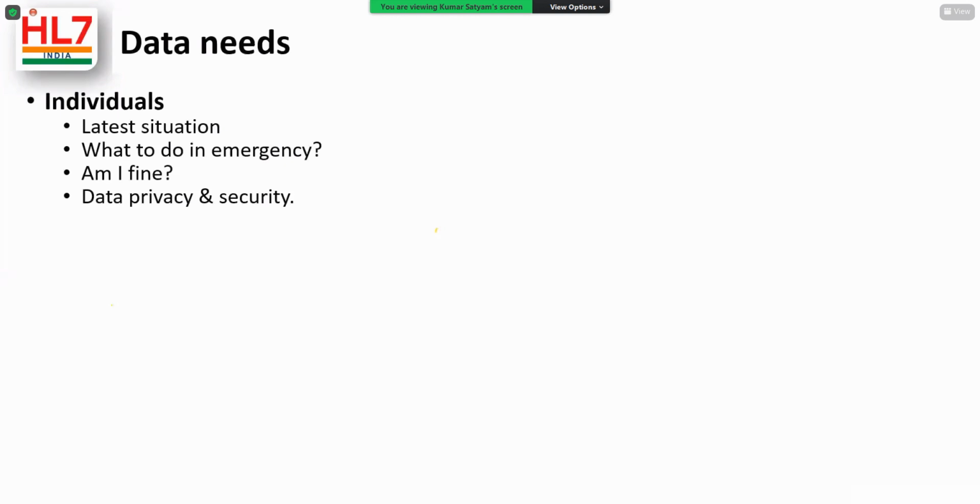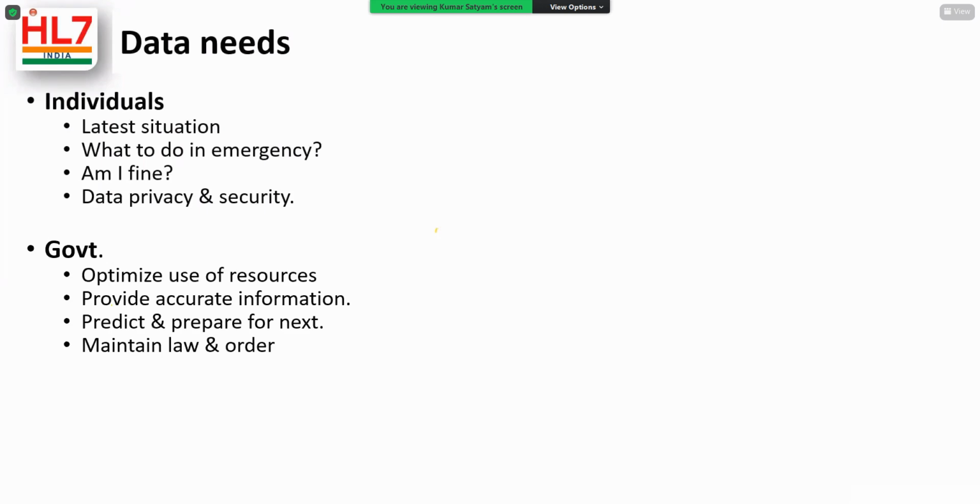The data that I'm sharing with the agencies, with the labs, with the hospitals, and with the vendors, is it secure? Is my privacy protected? These are the questions in the minds of individuals.